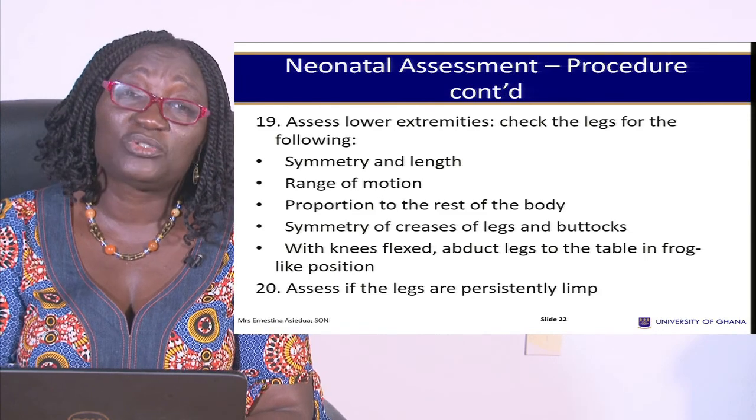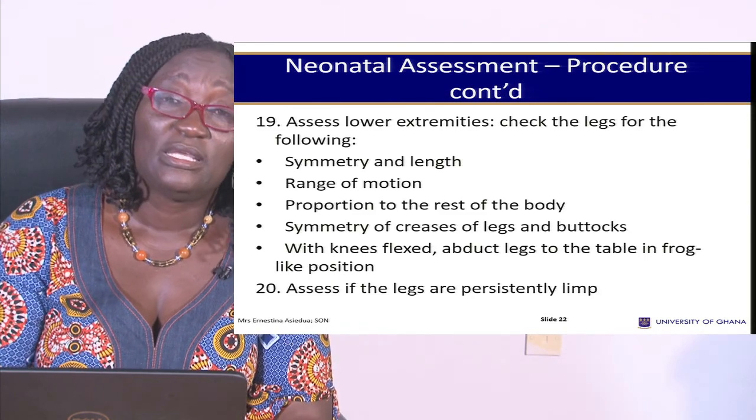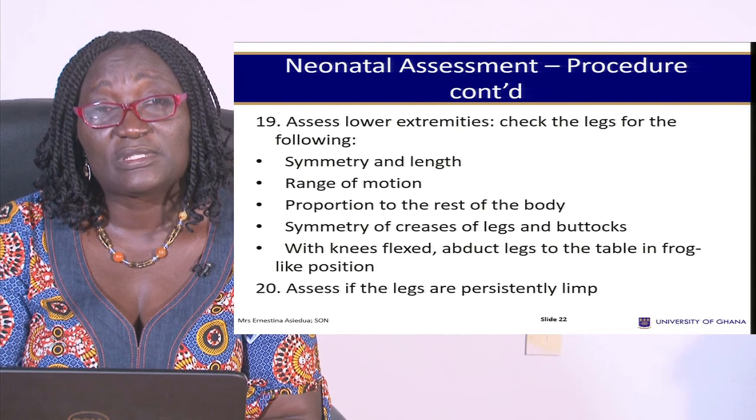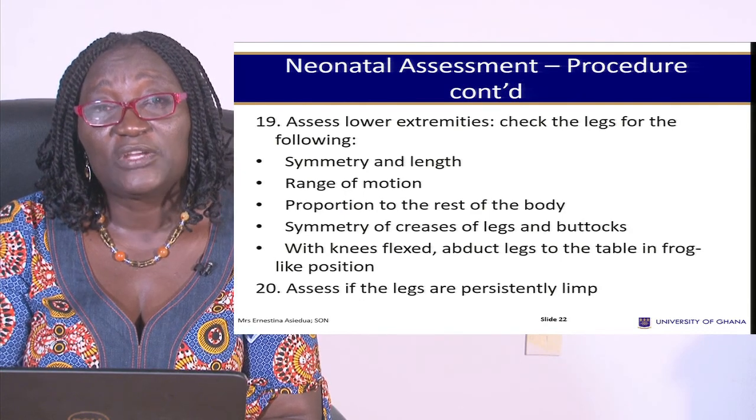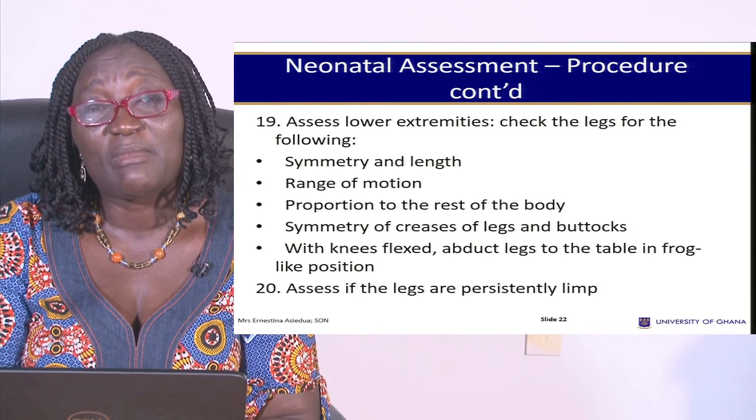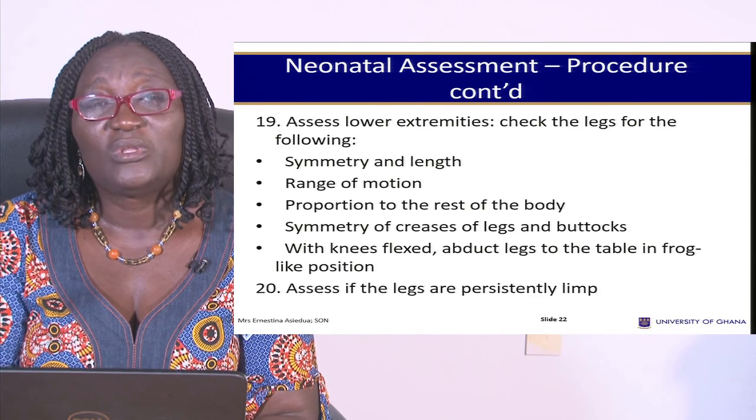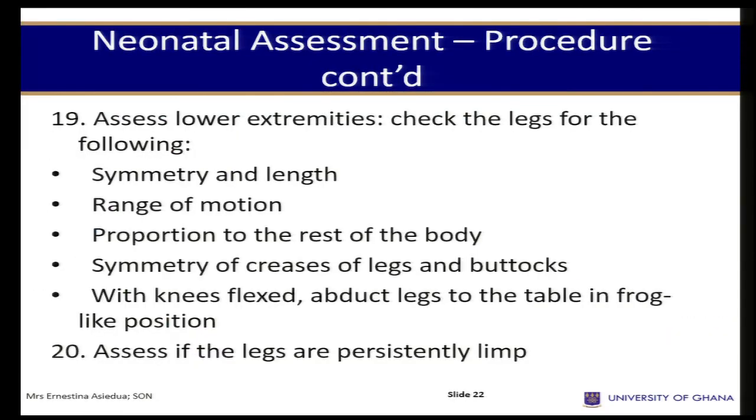If you pick children with trisomy 21, you can examine even from their palms or from their feet, and the creases will tell you that there are some abnormalities. With the knees flexed, you abduct the legs to the table in a frog-like position, and here you want to check whether there is any pain or any fracture and the range of motion, like we said earlier on.